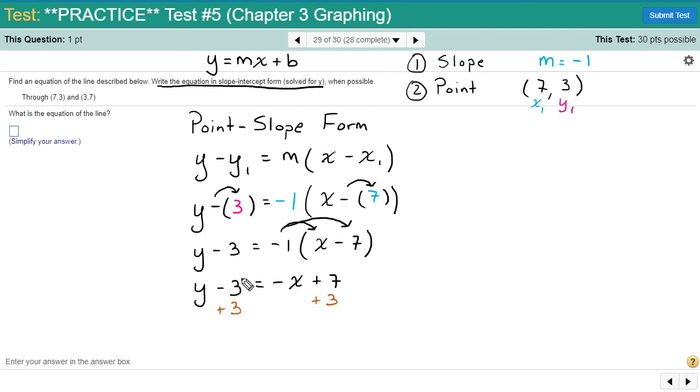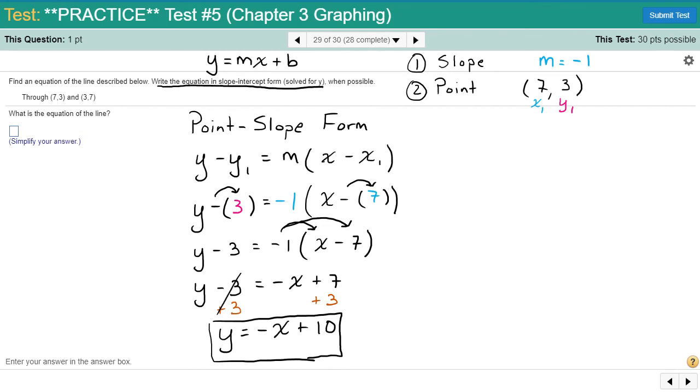And simply by doing that, -3 plus 3 is now gone. So the only thing remaining on the left is that y equals, and now -x, and 7 plus 3, of course, is a +10. So here is our equation in slope-intercept form.